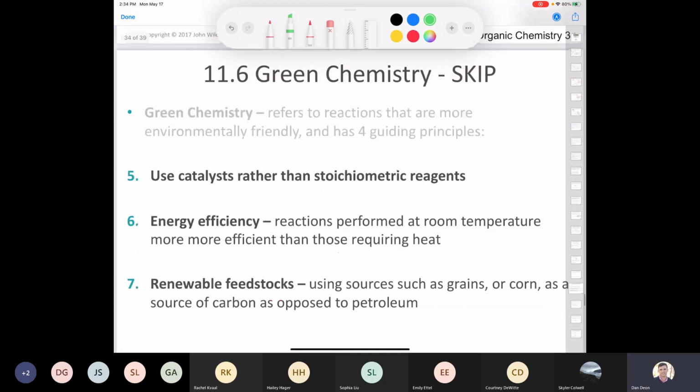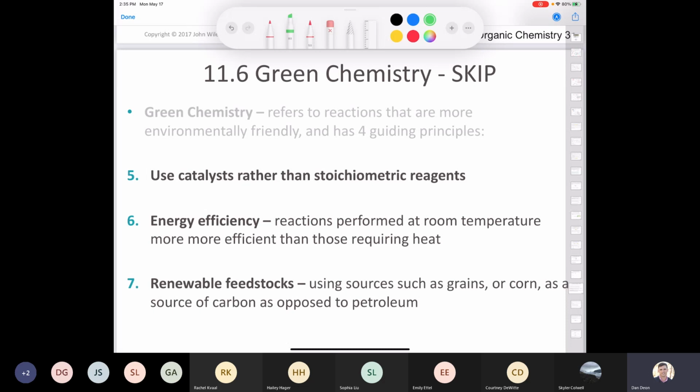Other ways that we can improve our chemistry in terms of making it more environmentally friendly are to use catalysts, right? Rather than stoichiometric amounts of reagents. So things like hydrogenation using small amounts of palladium, platinum, and nickel. Energy efficiency is another one that I don't think about a lot, but if you have a reaction that you have to heat up to 100 degrees Celsius for, let's say, a day, you're going to use a lot more electricity than if you did the reaction at room temperature for a day, right?